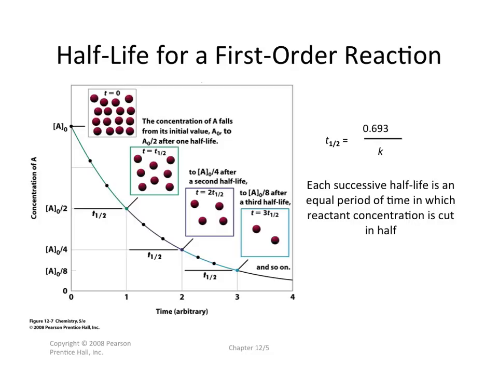What's unique to a first-order reaction is that all of these t1/2s are equal. So the first half-life equals the second half-life, which equals the third half-life, and so on. And for a first-order reaction, t1/2 will equal 0.693 divided by the rate constant, k.